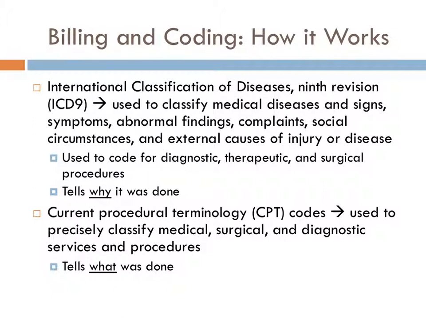The ICD-9 coding system is used to code for diagnostic, therapeutic, and surgical procedures, and it tells why it was done. You may also have heard of CPT codes. This stands for Current Procedural Terminology codes, and CPT codes are used to precisely classify the medical, surgical, and diagnostic services and the procedures. The CPT codes tell what was done.